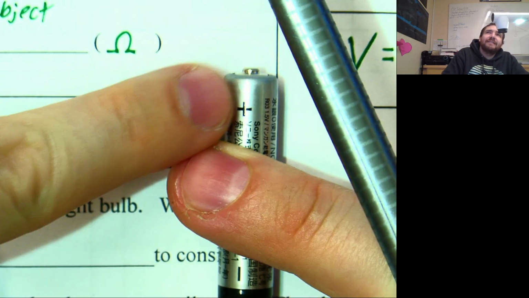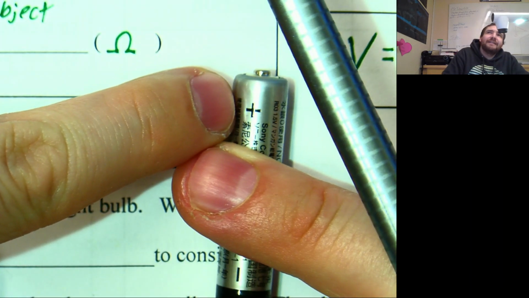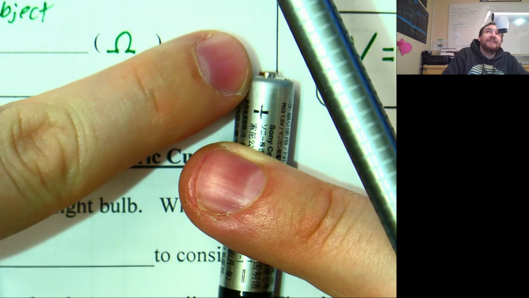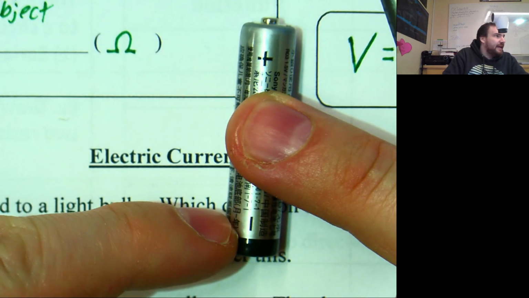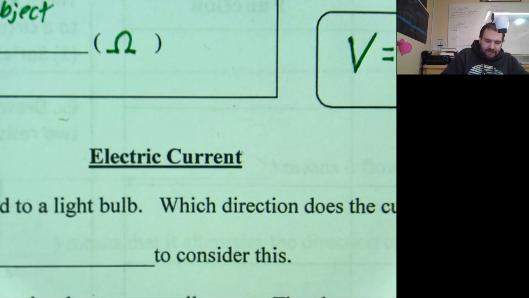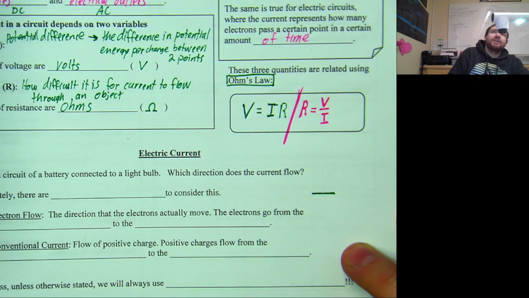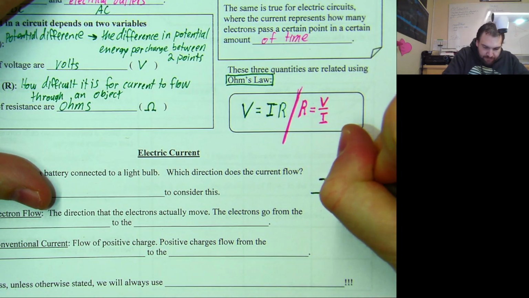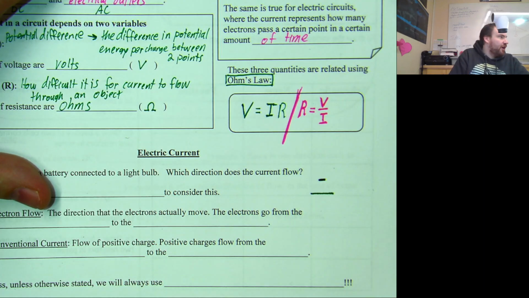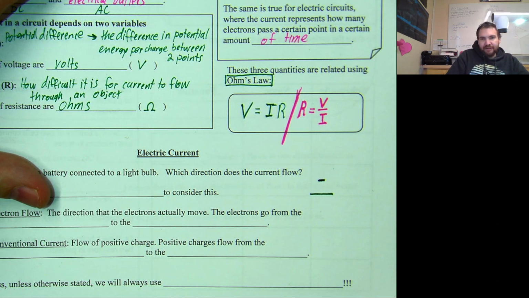What's that guy right there? Positive end. The positive end is a little stubby end. And a negative end. So when we draw our batteries in our electric circuits, we've got the fat end on the bottom and we've got the stubby little end up top. So that's how we draw a battery.